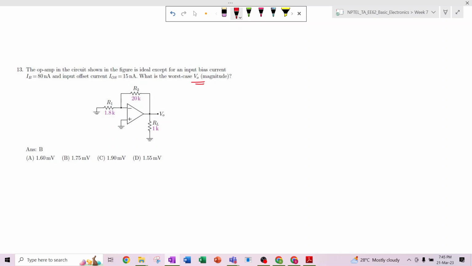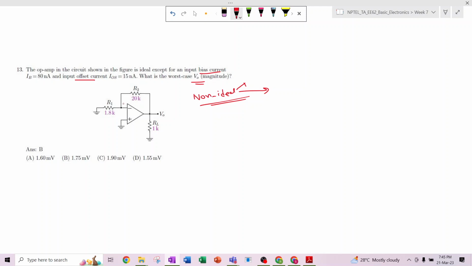Okay, so now what is happening? This is also a similar non-ideal case. One of the non-ideal cases is the offset voltage that we have already discussed in the earlier problem. Another non-ideality is the current: the input bias current and input offset current, these two things.